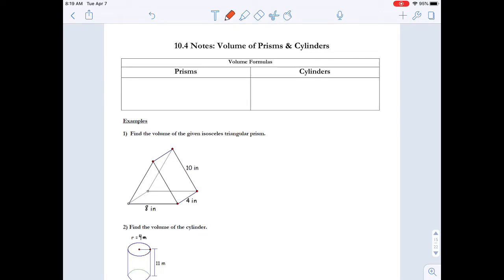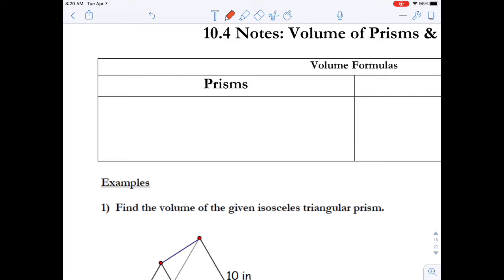Okay. For a prism, the volume, which is usually denoted as V, is equal to the base times the height. Okay, so this is the area of the base and then this is the height of that prism.